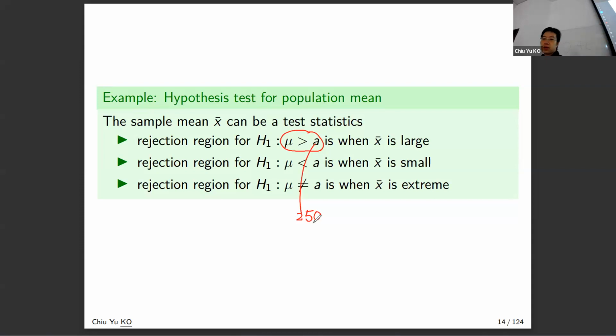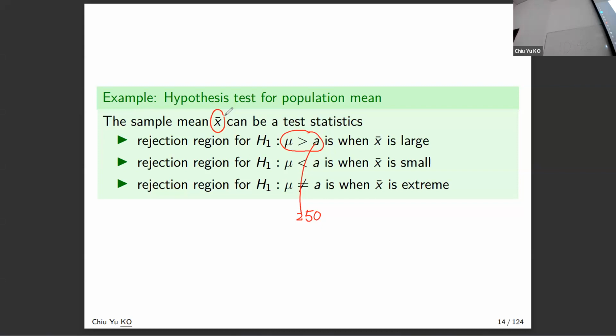So how are you going to do this? One way to think about this is X bar is a test statistic. You collect data with a sample mean. If this sample mean is very large, then you reject.